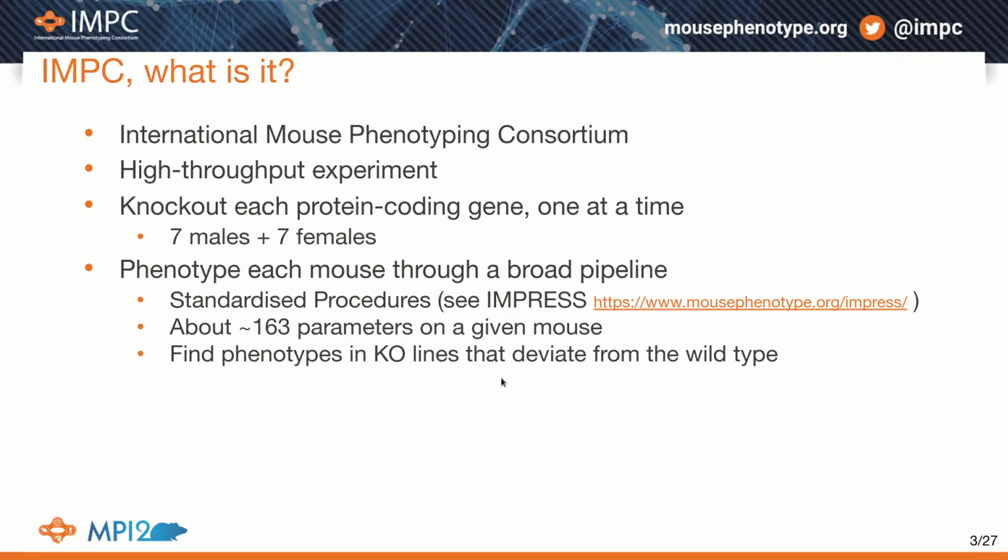So we're part of a larger consortium called the International Mouse Phenotyping Consortium, and we carry out high throughput experiments with the aim of finding out what each knockout protein coding gene does in the mouse.